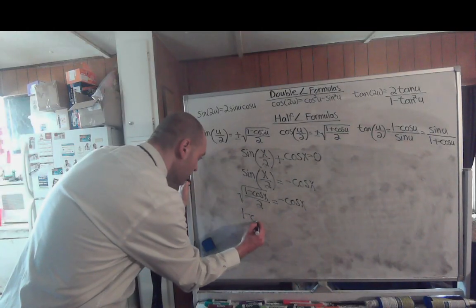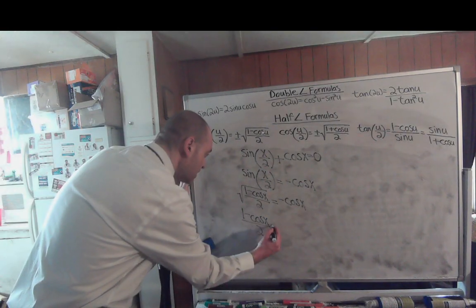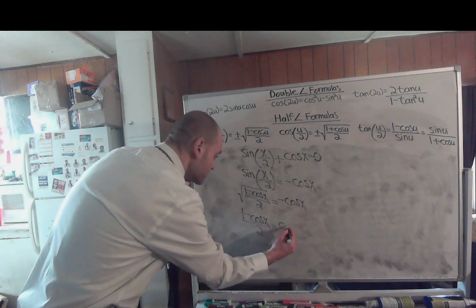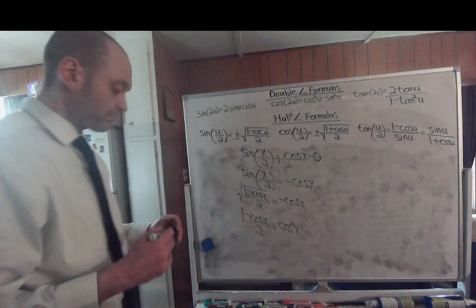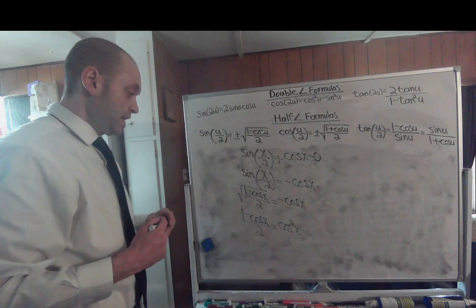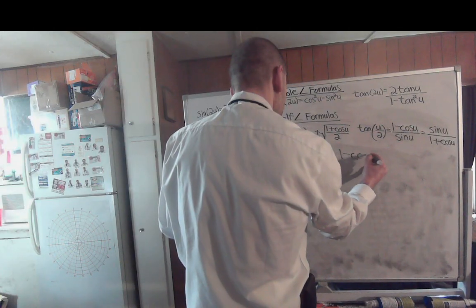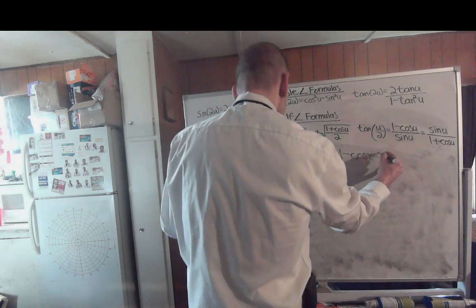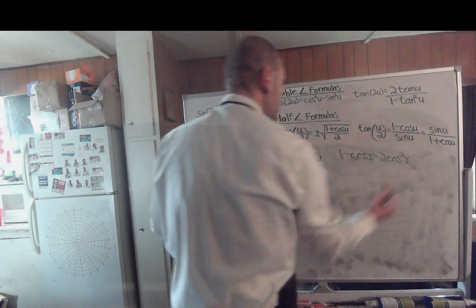You get 1 minus the cosine of x all over 2 equals cosine squared of x. So then you would have 1 minus the cosine of x equals 2 cosine squared of x.